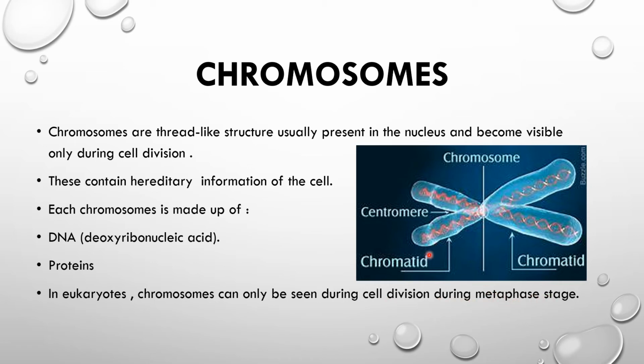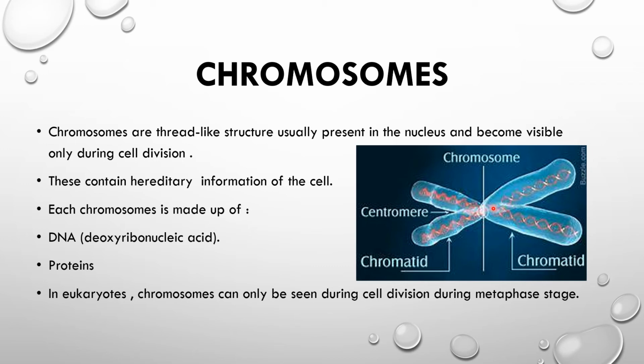So this is the structure. In this image you can see the structure of the chromosome. You can see it is a rod-like structure consisting of arms. These are known as the chromatids. These long arms, the chromatids, are attached at one particular point in the center which is known as the centromere, or you can say the primary constriction, which divides the chromosome into two parts, and depending upon the position of the centromere we have different types of chromosomes.